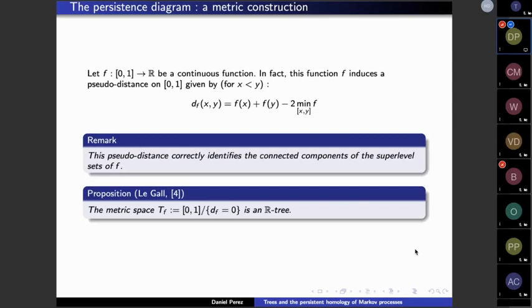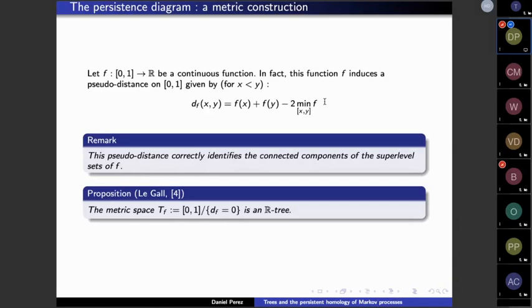Formally, you give yourself a pseudo distance on [0, 1] defined in terms of the function. The explicit expression is given here. Essentially you take the points and you have this expression, which we will come back to later to see why it works. One remark is that this pseudo distance has the nice property that it correctly identifies the connected components of the super level sets of F. This will be important because from now on we will focus on super level sets.